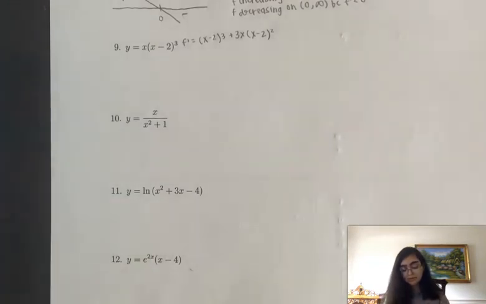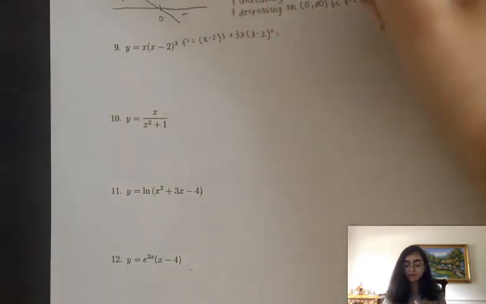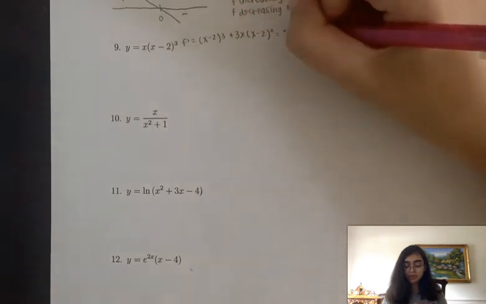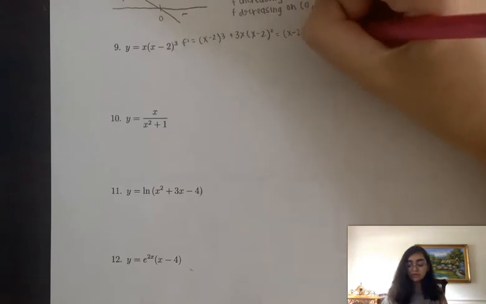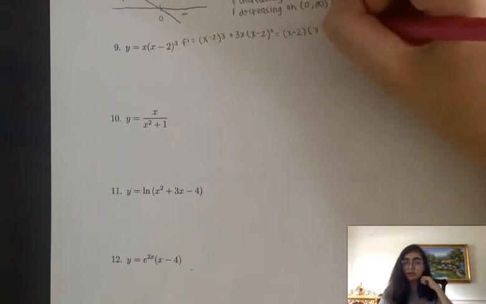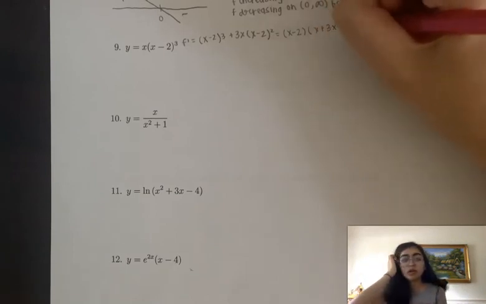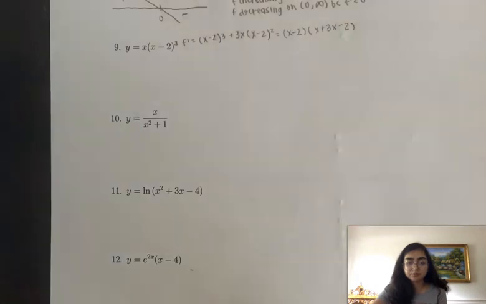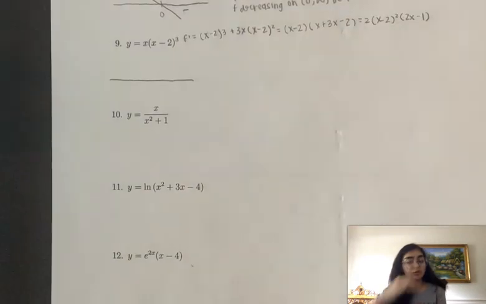We can take out an x minus 2 to give us x minus 2 in parentheses, and then in another set of parentheses, x plus 3x minus 2. We can further factor x plus 3x minus 2, which will give us a fully factored form of 2 times x minus 2 squared in parentheses times 2x minus 1. Sorry, I don't know why my handwriting was slanting up, but this will be our final answer, and we're going to go ahead and draw our sign chart.